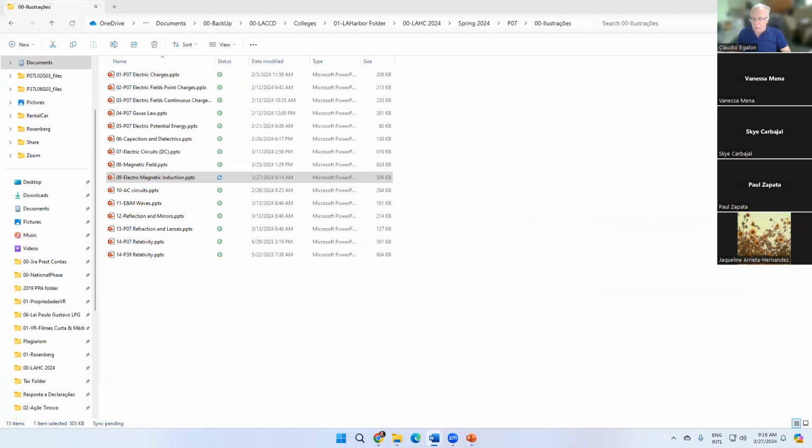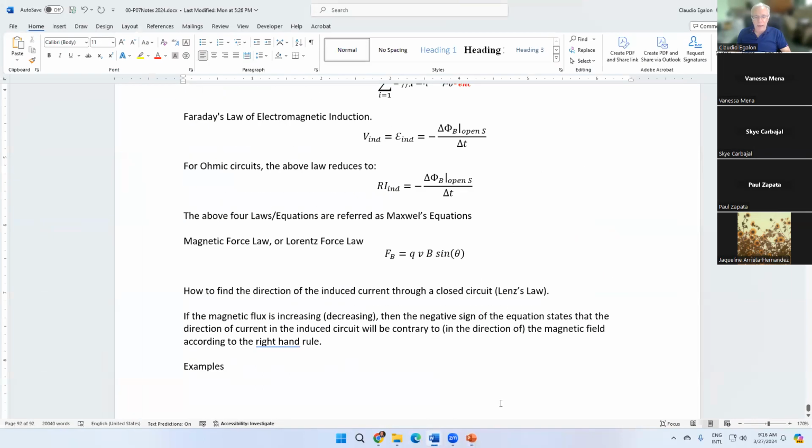So according to the illustration in the class, right? Example: consider a closed circuit in the plane of the screen, of the computer screen.